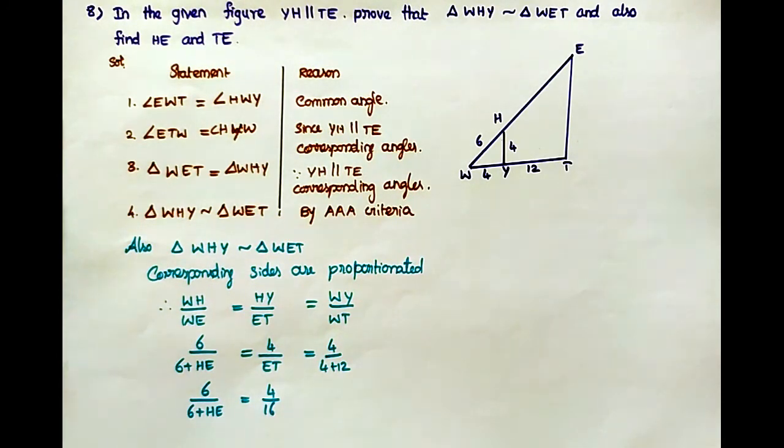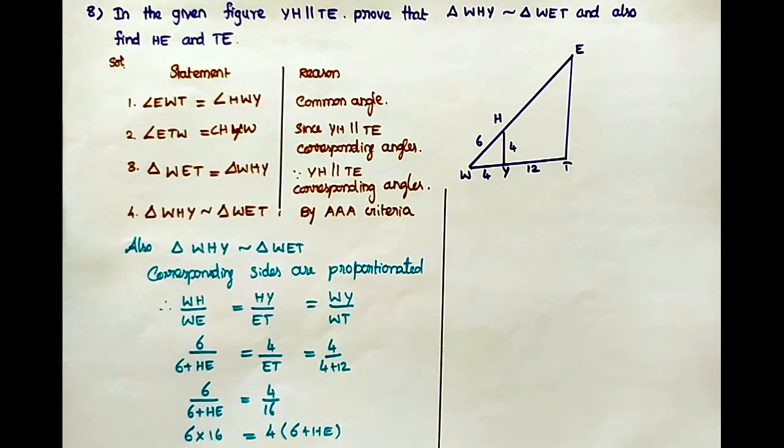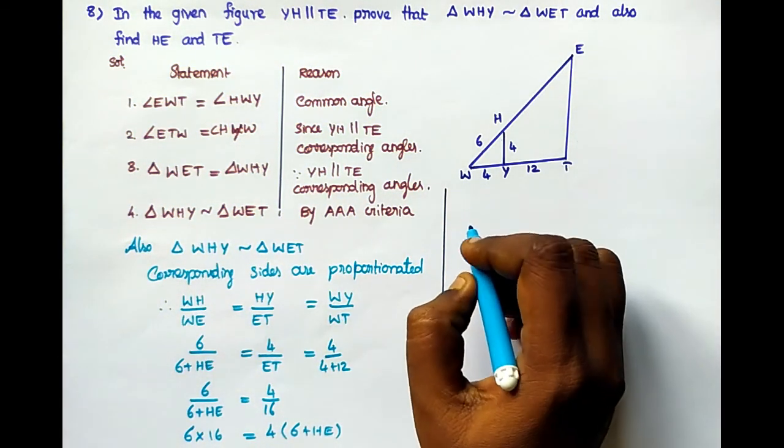Now cross multiplication. Six into 16 is equal to 4 into 6 plus HE. Now 4 bring this side means in division.